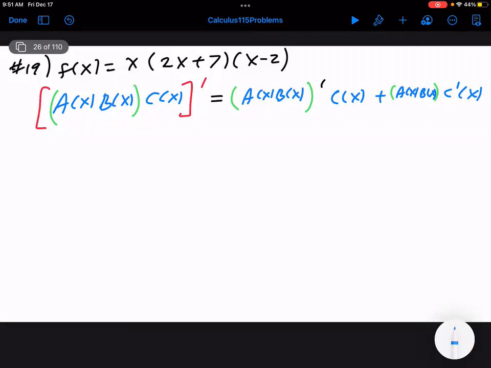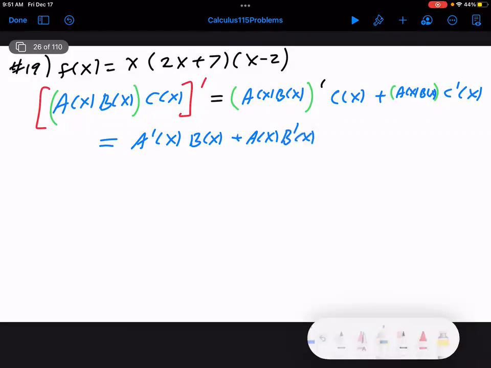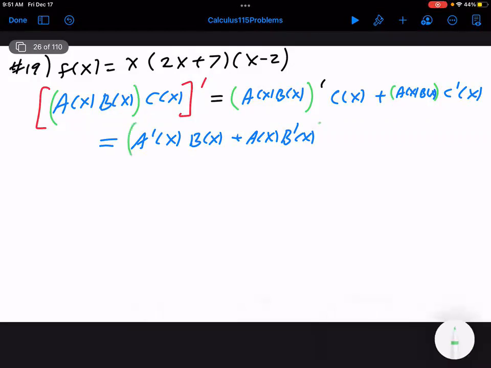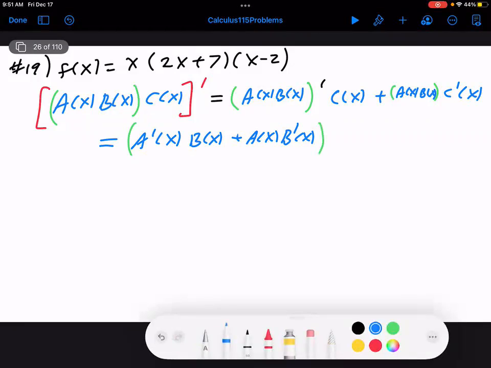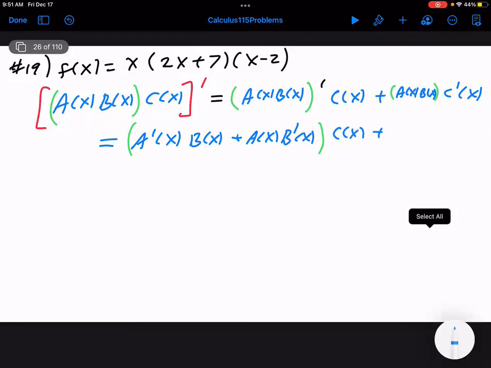And now we can use the product rule on a of x, b of x prime, and that will become a prime of x, b of x, plus a of x, b prime of x. And then we multiply that all by c of x, and add to that the other term, a of x, b of x, c prime of x.